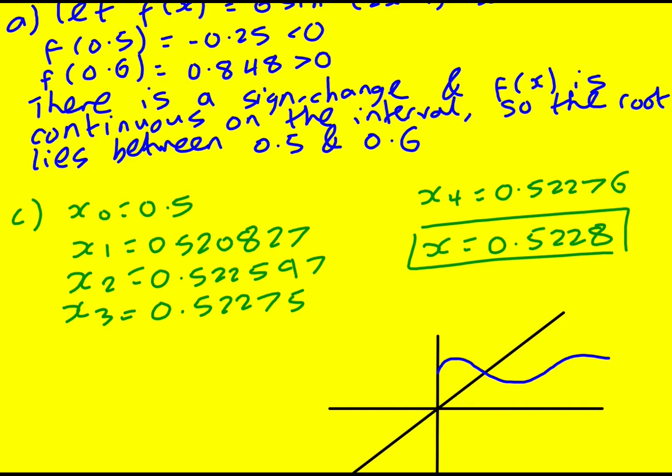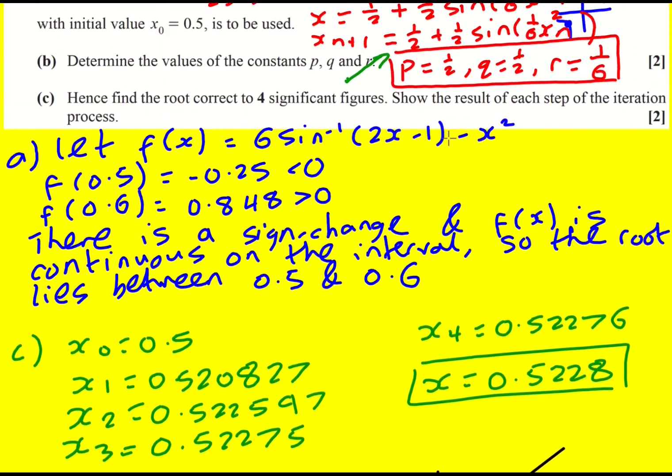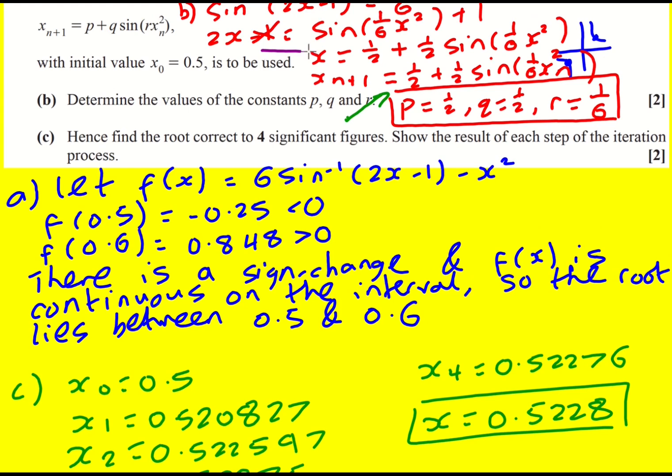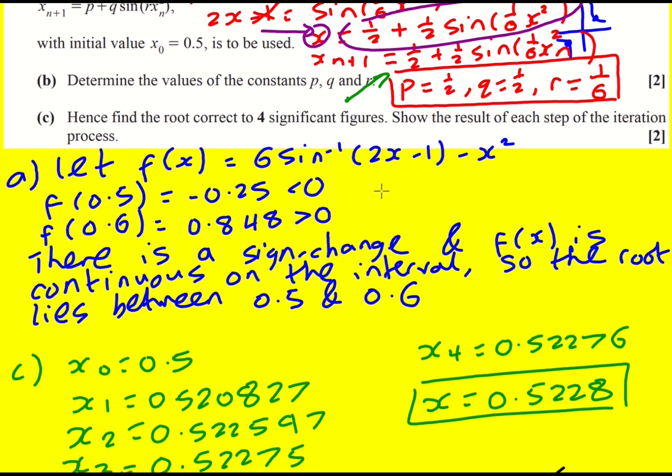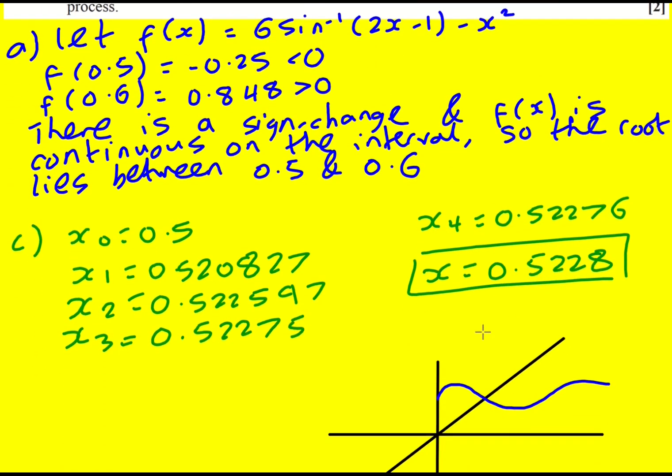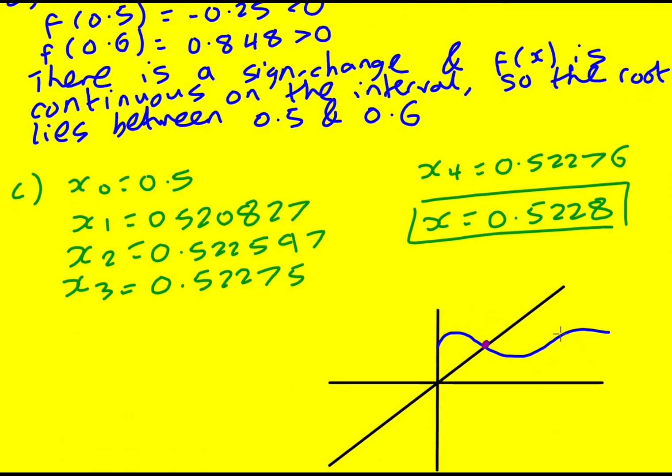And when I'm trying to solve, before I turn it into an iterative formula, I'm actually trying to find where y equals x intersect this. Y equals a half plus a half sine 1/6 x squared. So it's that point there, which we know is between 0.5 and 0.6. So we put our 0.5 in, and we find the value of the function, and then that becomes our new value of x, which means you're basically following it along to y equals x.